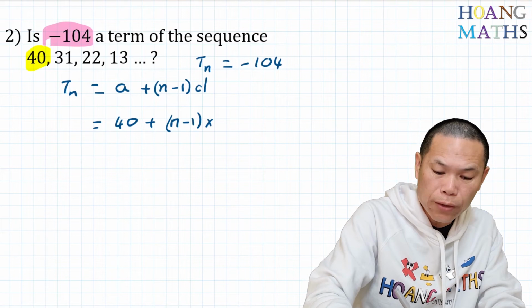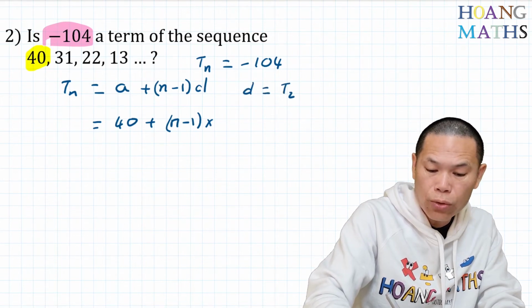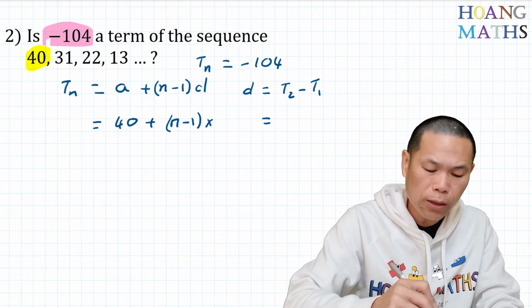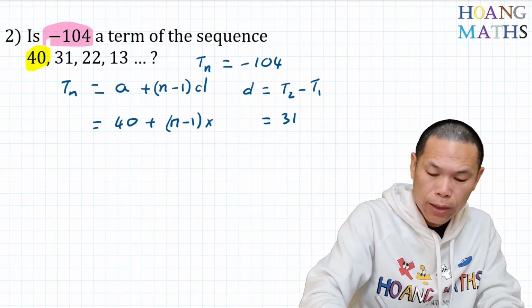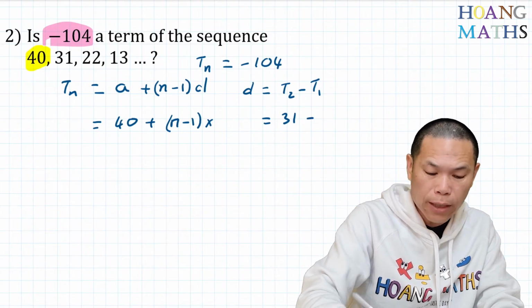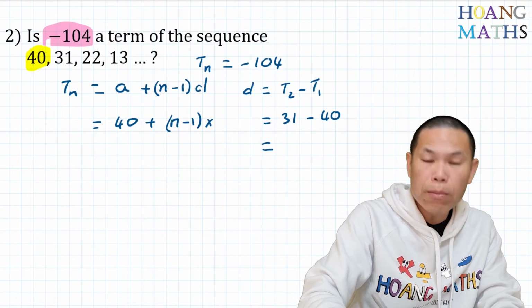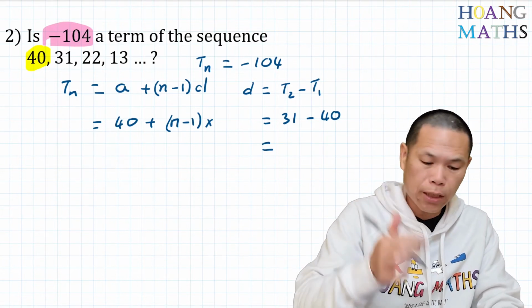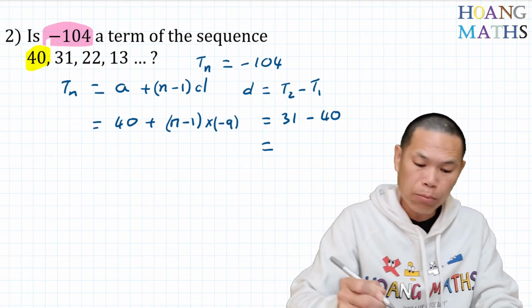The common difference d is equal to t2 minus t1. So 31 is t2, that is term 2, minus t1, that is term 1, the first term, 40. So 31 minus 40 is negative 9. That means times by negative 9, so I can bracket it.